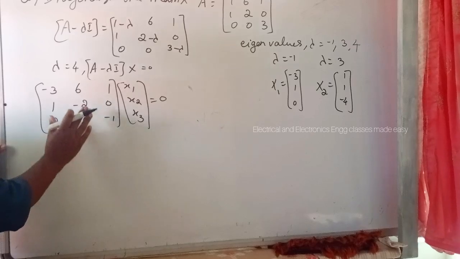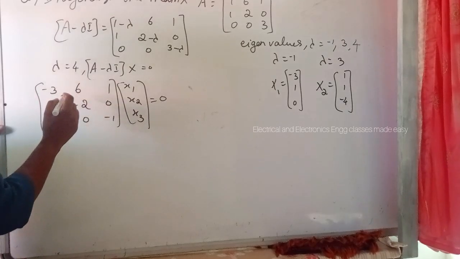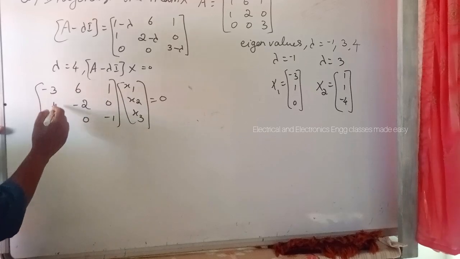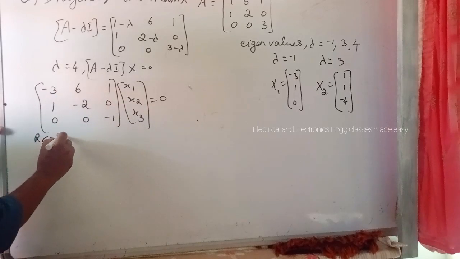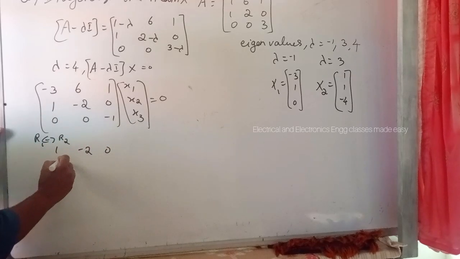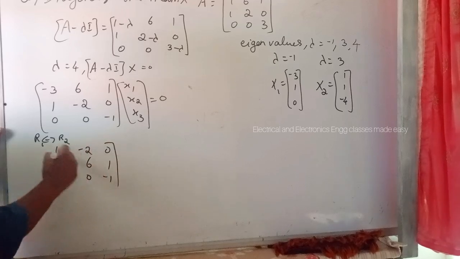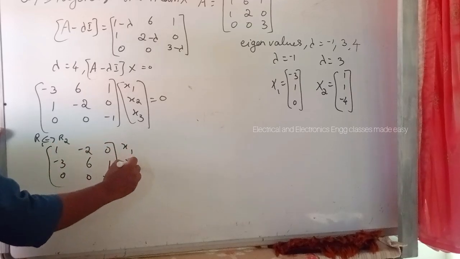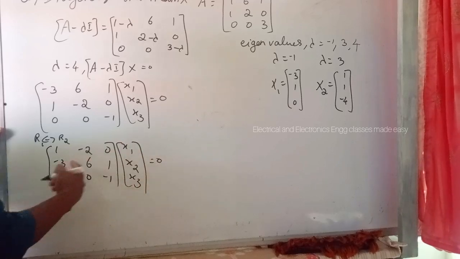Now let us find the rank of this matrix. For that, let us interchange these two rows, that is R1 interchanged with R2. Then 1, minus 2, 0; minus 3, 6, 1; 0, 0, minus 1, into x1, x2, x3 equal to 0.